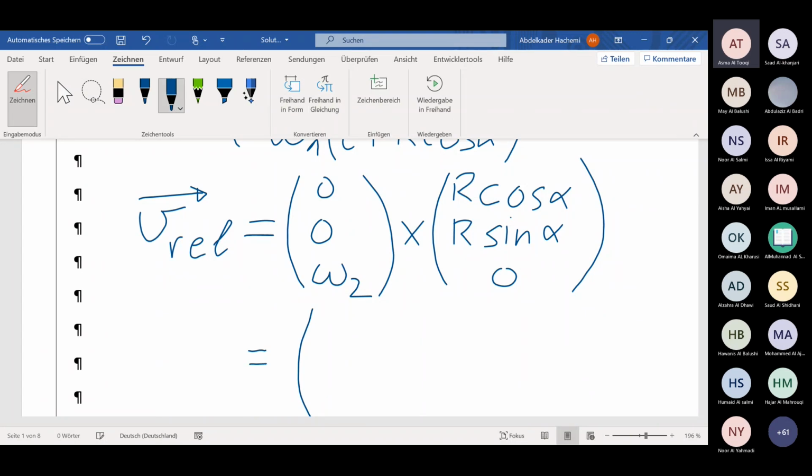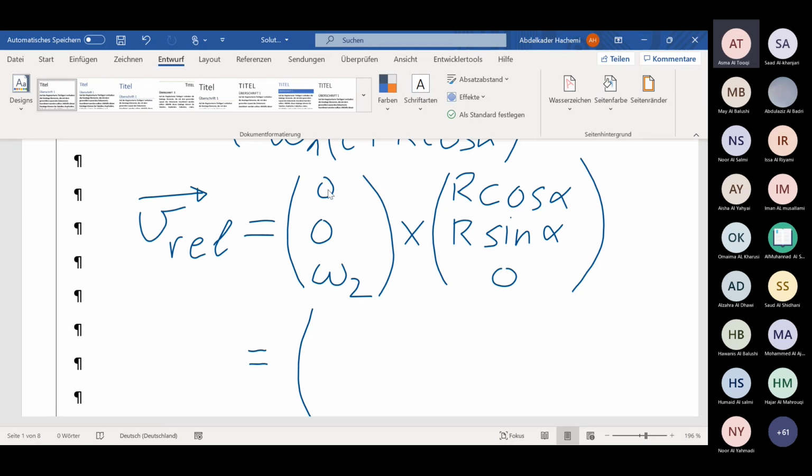Then to get the first component, we eliminate the first line, then we have 0 multiplied by 0 minus omega 2 R sine alpha. Then here, minus omega 2 R sine alpha.